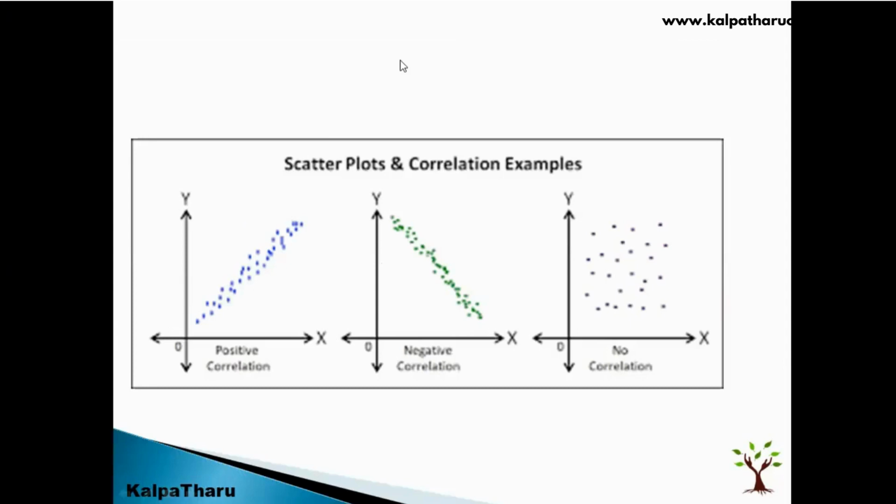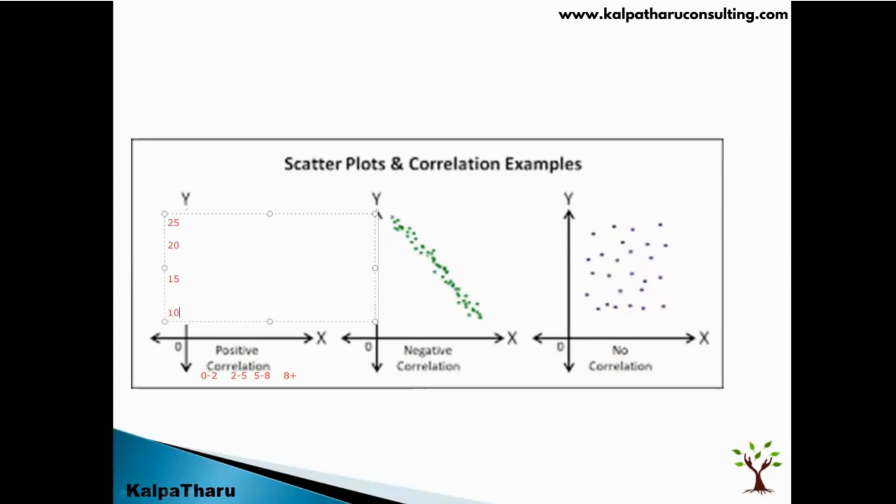If you're going to plot it, for example, here you are plotting the experience on the x-axis, like 0 to 2, 2 to 5 years, 5 to 8, and then 8 plus years. And in the y-axis, the count of the defects will be 25, 20, 15, 10.